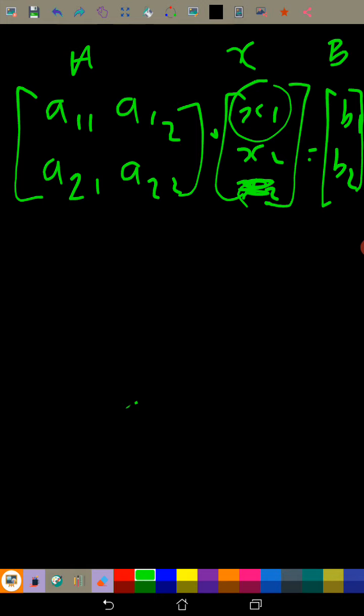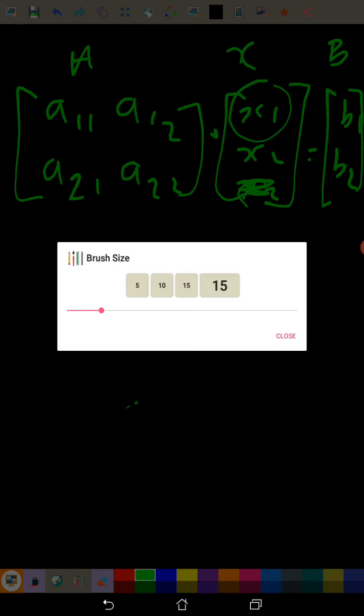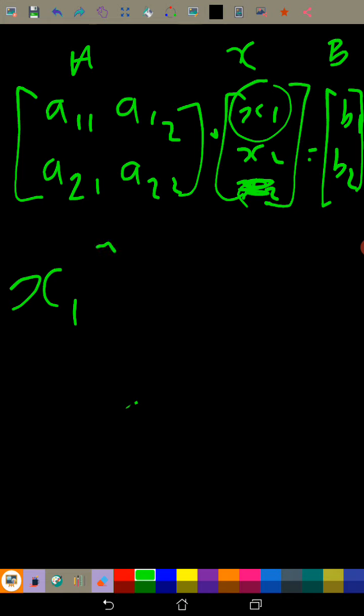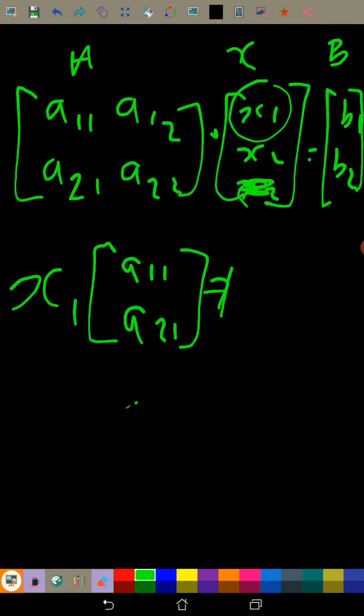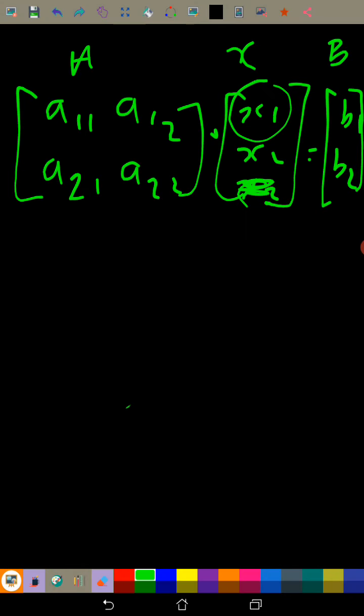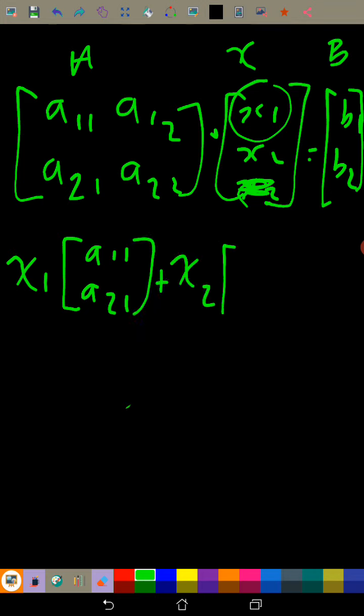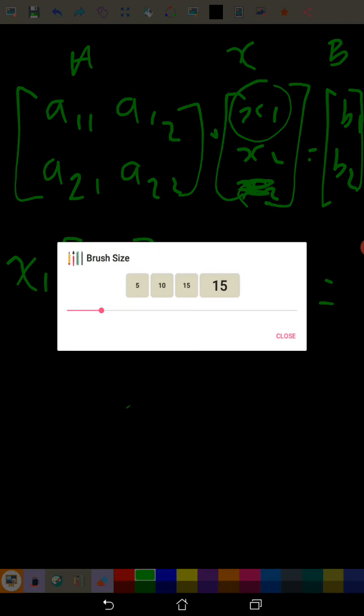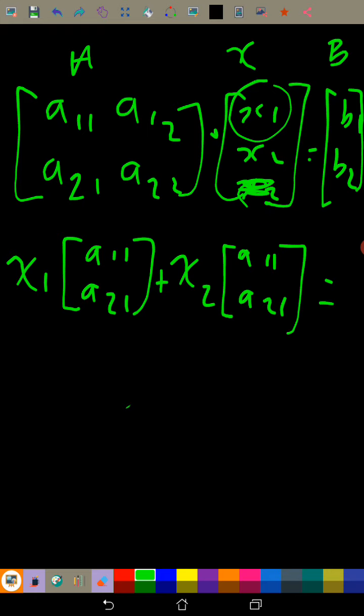You have x1 times a11, a21, plus x2 times a12, a22. Since I didn't write all of them, there is no further plus. So we will have a11 x1 and then a21 x1, right?